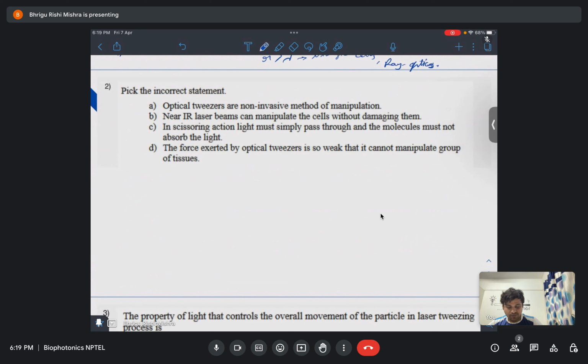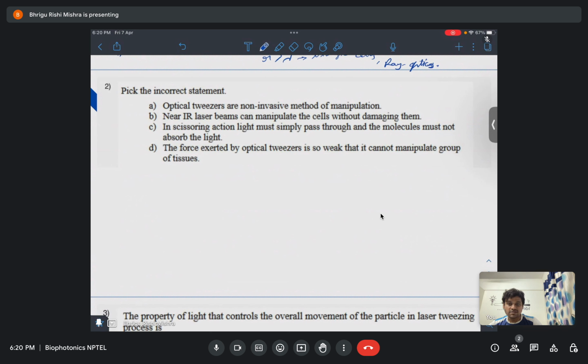As you can see, option A is correct. Optical tweezing is a non-invasive method of manipulation. B is also true. Near IR laser beams can manipulate the cells without damaging them. In order to trap or tweeze, you need near IR lasers, which should not be absorbed by the tissues. The third one, in scissoring action, light must simply pass through and the molecules must not absorb the light.